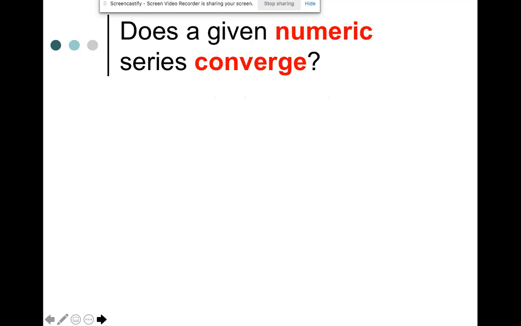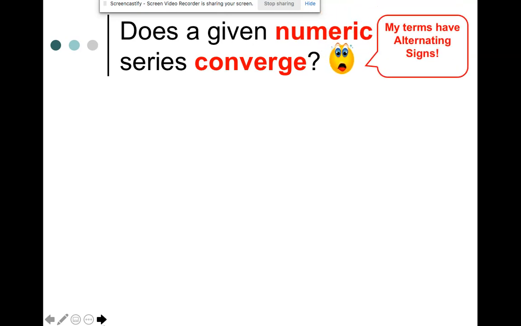So if I am asked if a given numeric series converges, these are all the things... oh wait, sorry, I forgot. I have another test: the alternating signs test. If you did this in pre-cal, you probably don't remember it. If you have a series, here are your terms, but you also have a sign alternator.